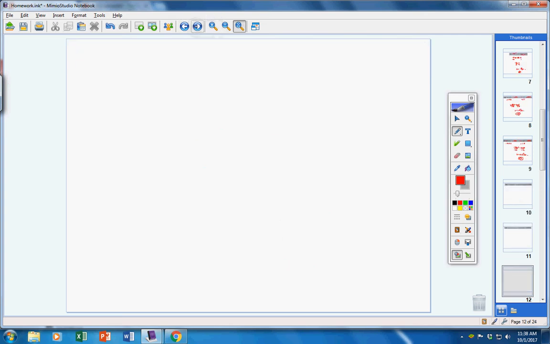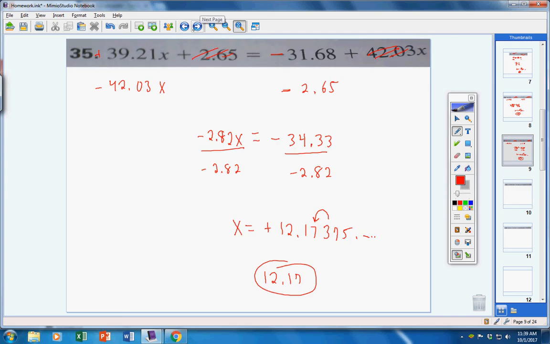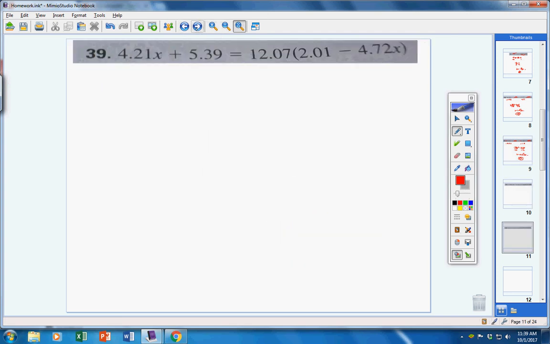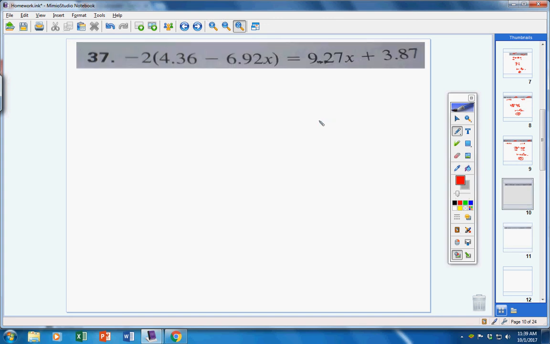And here we go. Sorry about that. 2 more problems, one here, and we'll be finished. Okay, on the right side, there's no simplifying I can do. So 9.27x plus 3.87. Over here, let's take our negative 2, multiply it through.